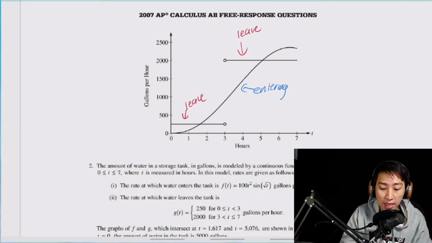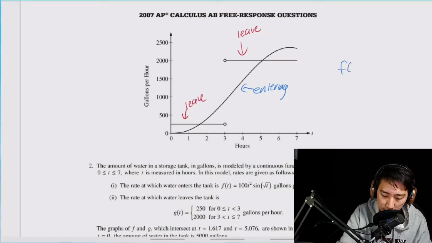So don't forget, this is your rate. If I'm looking at y in the context of this, f of t is going to show how much water is coming in.